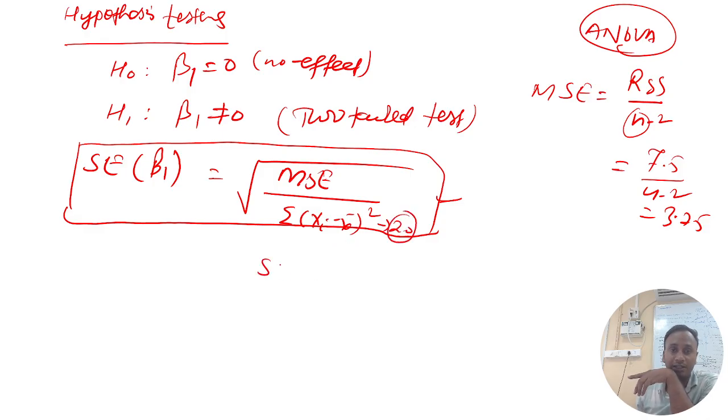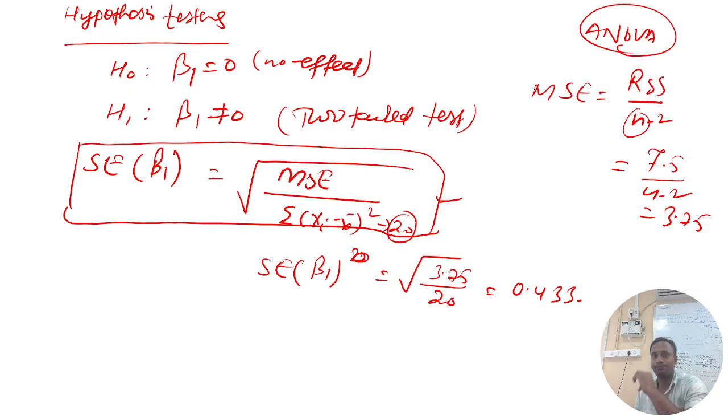So now we'll calculate the standard error of beta 1: 3.75 upon 20. I think this part is also clear, or shall I explain again? Like how we got this value? This is the formula. It's RSS, not the TSS. We were doing it in the ANOVA also, in the last class. Is it?